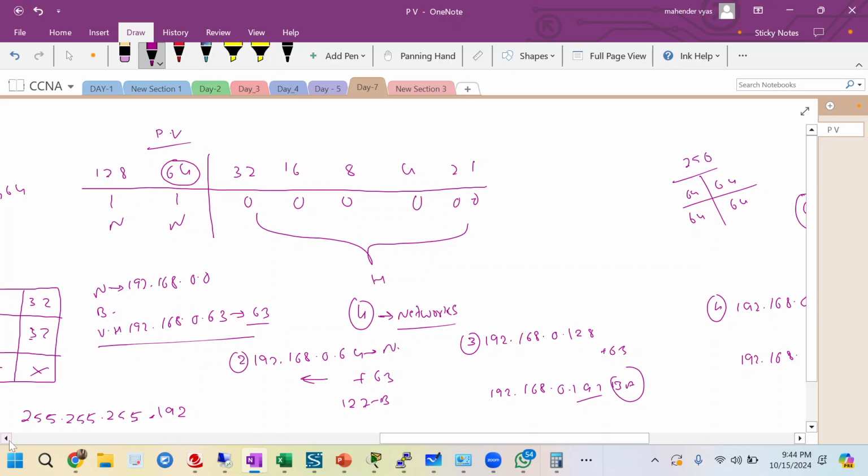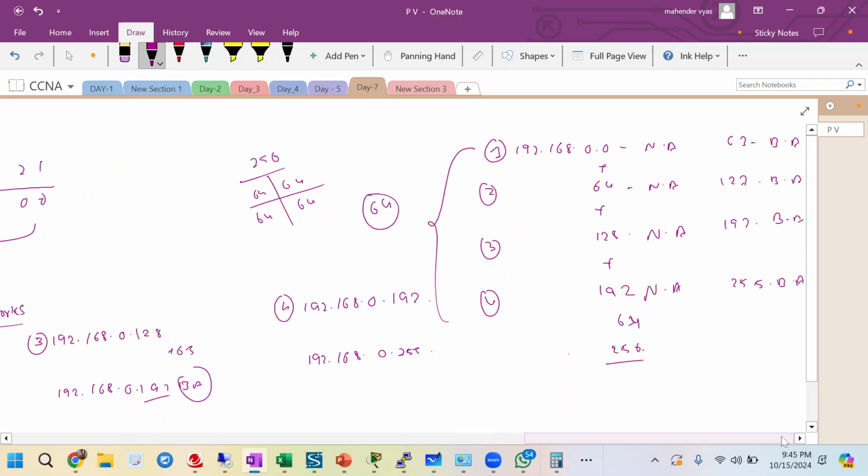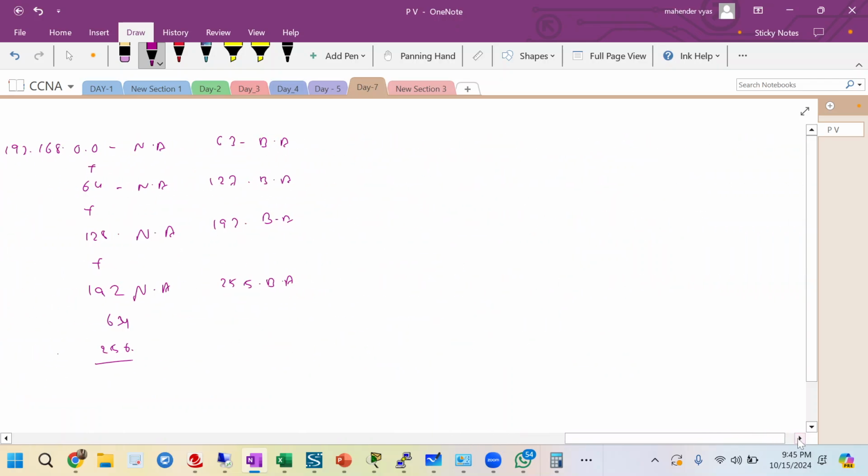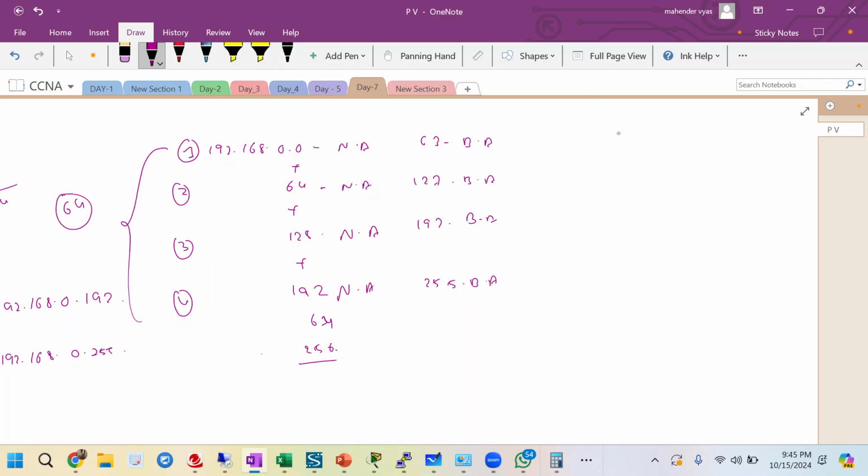Suppose I give you one requirement, for example, one particular address, 192.168.1.0. Use FLSM and group this address into 8 parts.